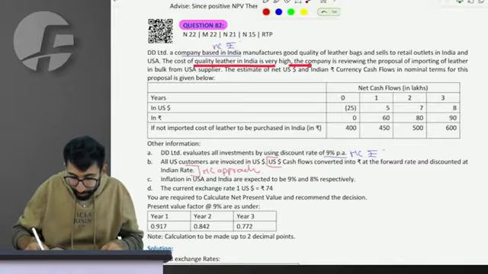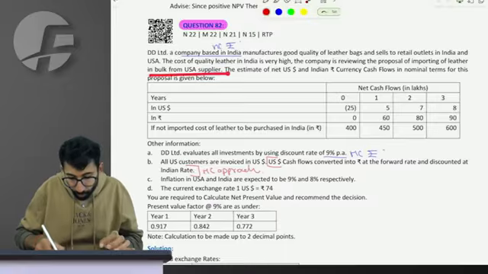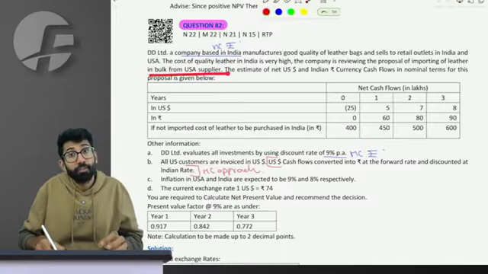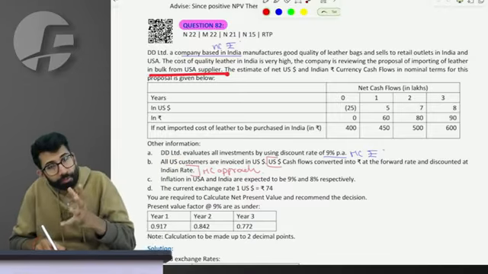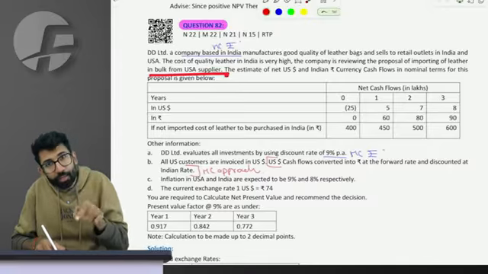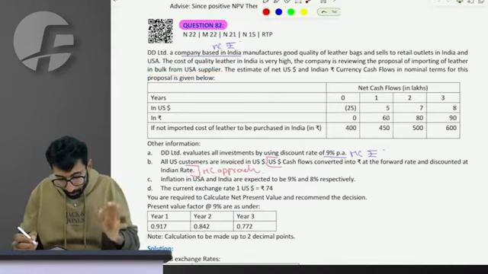Cost of leather in India is very high. The company is reviewing a proposal to import in bulk from a US supplier. So I am planning now to import the leather from US, manufacture it in India and sell to India and US both.